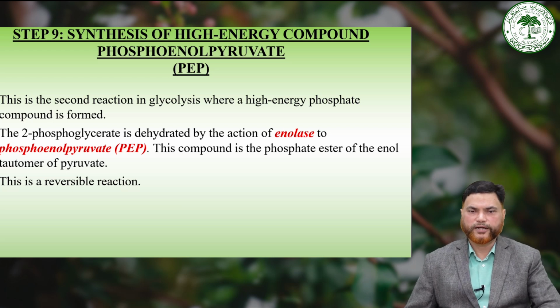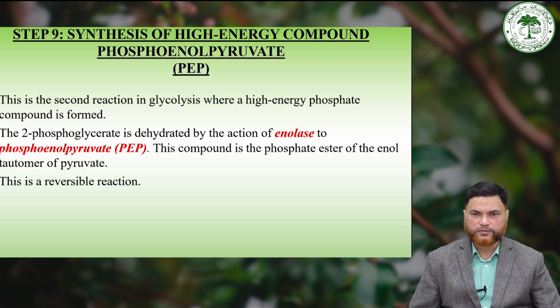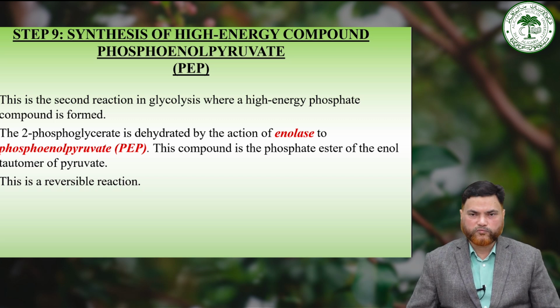Now you see that the next step is catalyzed by the enzyme enolase, which facilitates the transformation of 2-phosphoglycerate into phosphoenolpyruvate, characterized by its high potential for transferring a phosphoryl group.